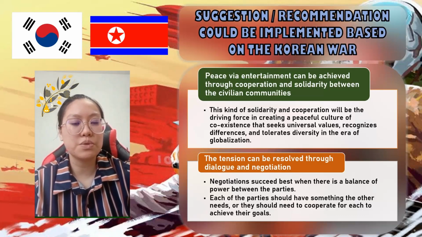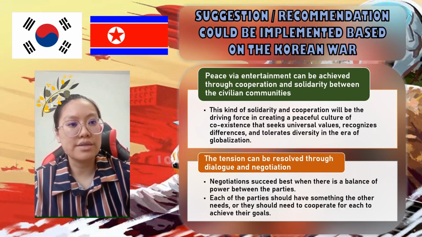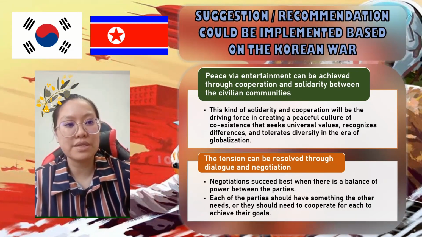Peace via entertainment between South Korea and North Korea can be achieved through cooperation and solidarity between the civilian communities of these two countries. Artists, singers, and crew members from these countries play an important role in spreading soft power.